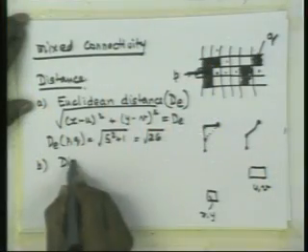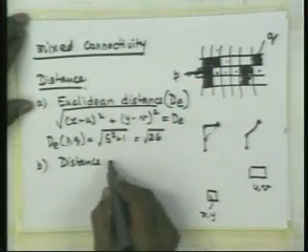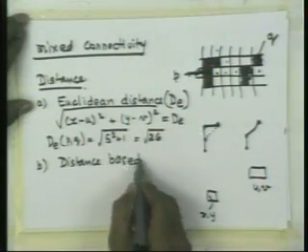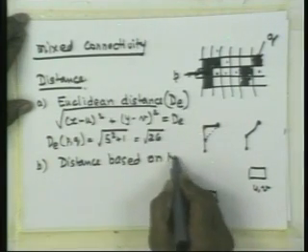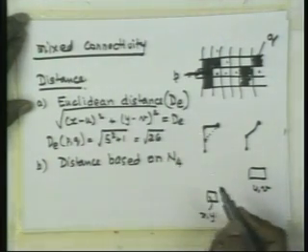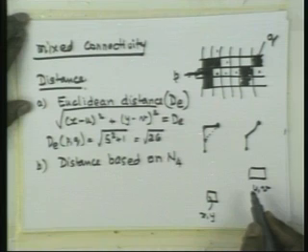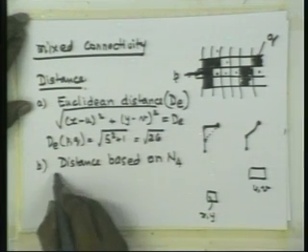Okay. Now another way we can define distances is if we look at the 4 neighborhood, okay, so distance based on n4. If I look at that distance, that will be what is also called city block distance.